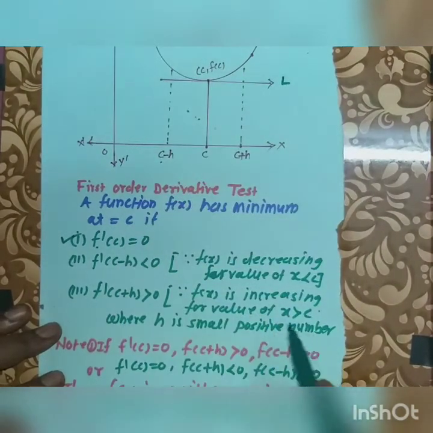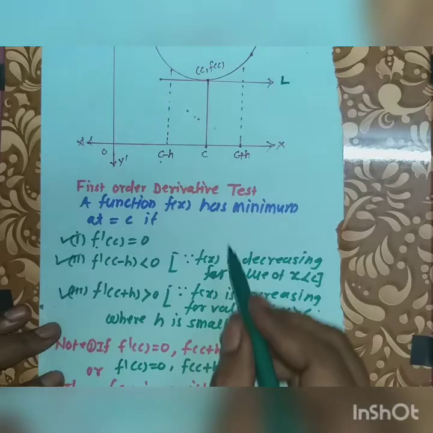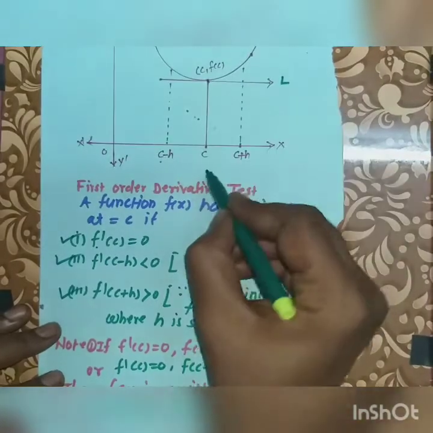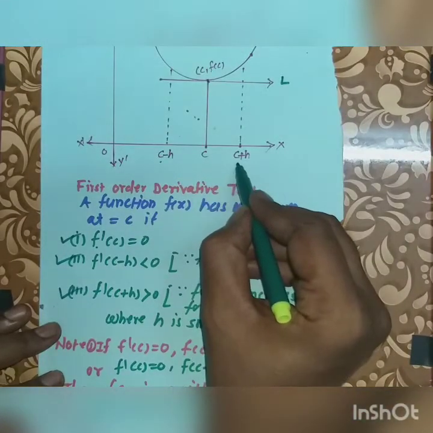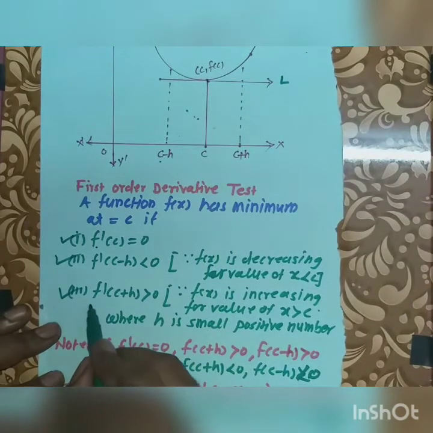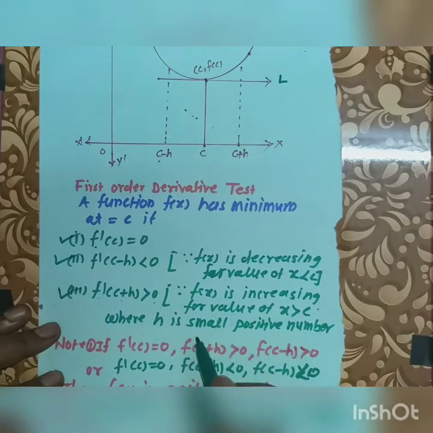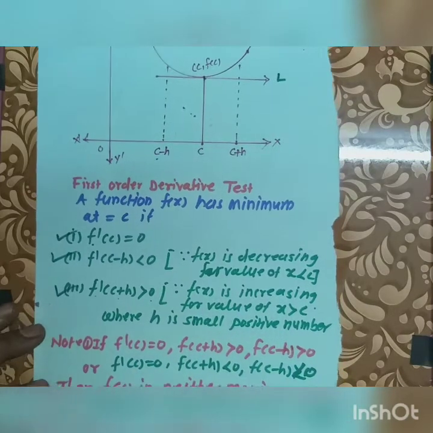That is the second condition. And the third condition: the right hand side derivative is positive. That means on the right hand side, as x increases to c plus h, the graph increases, the value of the function increases. f dash of c plus h is greater than 0 and the function is increasing. Here h is very small.